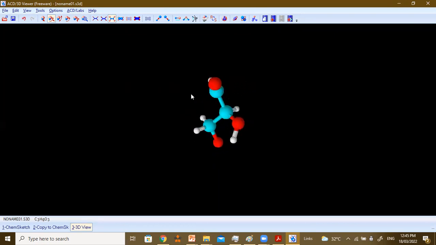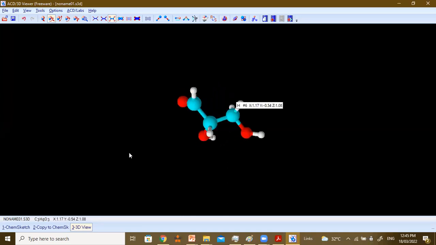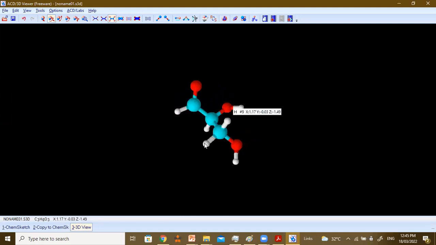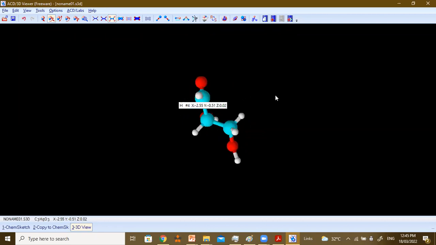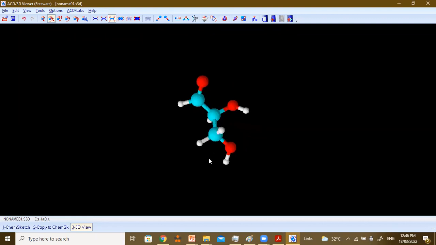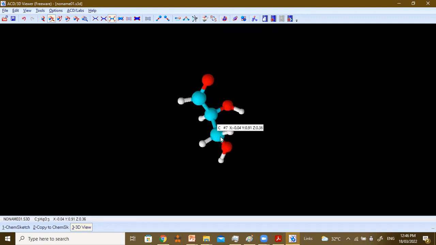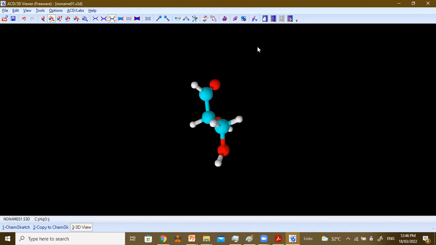You can see this one is planar. Whenever you have a double bond in your carbon, it's always planar. And then you have your CH2OH. And then you have your CHOH, the second carbon, and then CH2, two hydrogens and OH here. Okay, and so this is your 3D structure.